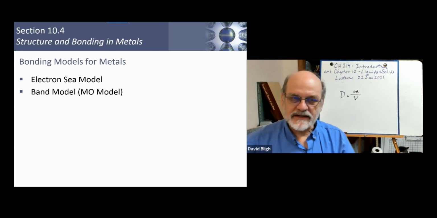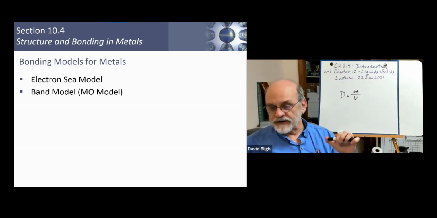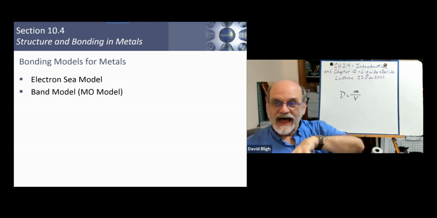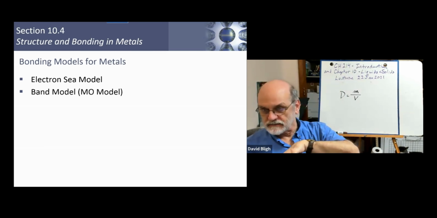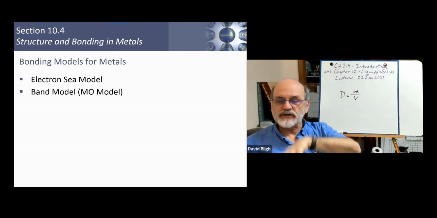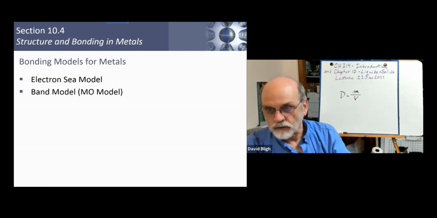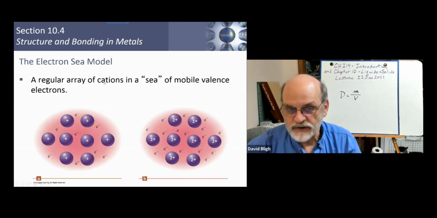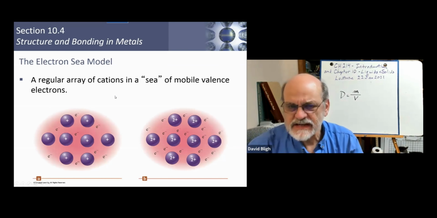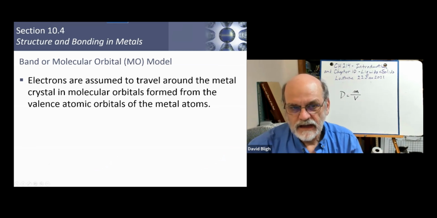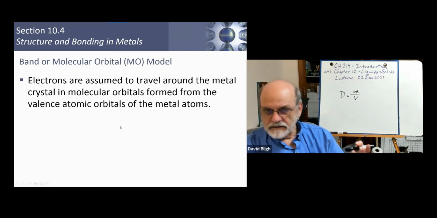But of course, that model fails more often than it succeeds. So it wasn't until the molecular orbital theory came along and was applied not just to covalent compounds, but to these metals, that the band model arose and is a better interpretation. This is the sea model, and this is the molecular orbital model applied to metals.